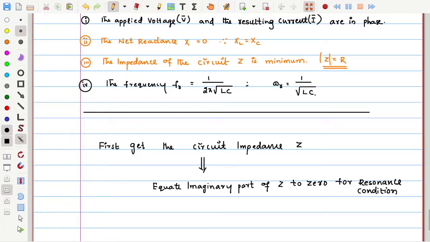In any circuit which consists of active and passive elements, get the circuit impedance first, then equate the imaginary part of the impedance to 0. You will get the resonance condition.